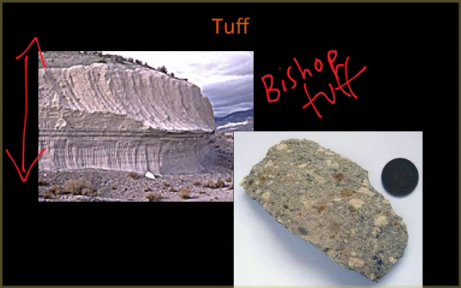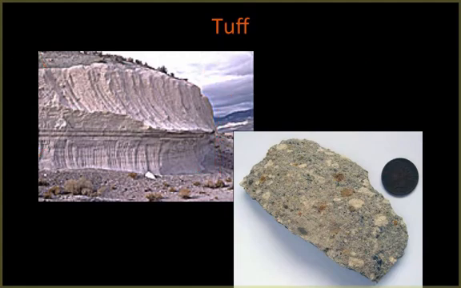In one eruption, it laid down a very thick pile of ash that resulted in this tuff. If you look more closely at some tuffs, this isn't the Bishop Tuff, but another example, you see the fine-grained matrix, which are the ash-sized particles, and there are other pieces in here. They might be pieces of pumice or pieces of rock, and that's also a kind of tuff, but it gets a slightly different name depending on what those particles are.